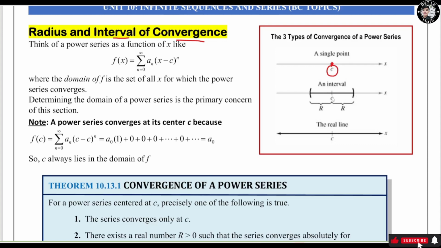It's going to be centered right here; go to the right, you add r, go to the left, you subtract r. r is called the radius of convergence. Number 3, the power series converges on the entire real number line, so it could be the whole thing right here.